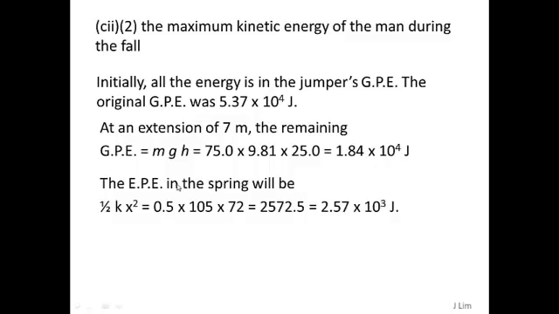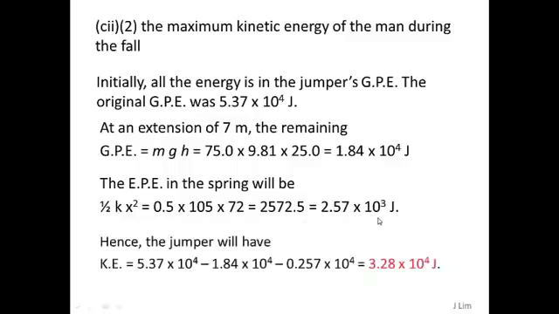The elastic potential energy stored in the rope will be half kx squared, and that will be 2.57 times 10 to the power 3 joules. Therefore, the jumper will have a kinetic energy of 3.28 times 10 to the power 4 joules. This is the original gravitational potential energy less the remaining gravitational potential energy and less the elastic potential energy.